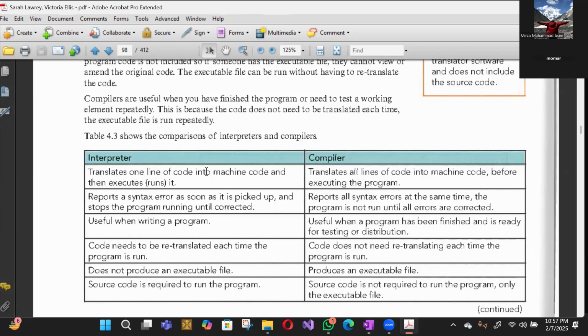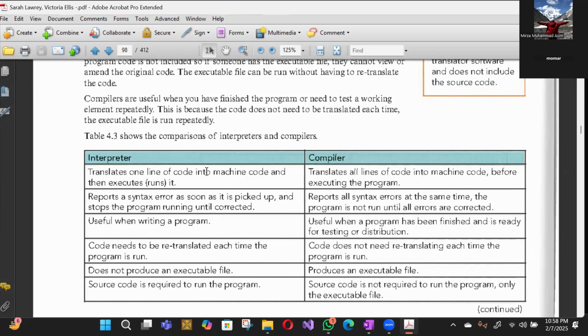Wherever it gets the error, it stops there. It won't go to the next line, right, Umar? Whereas a compiler reports all the syntax errors at the same time, and the program is not run until all the errors are fixed.